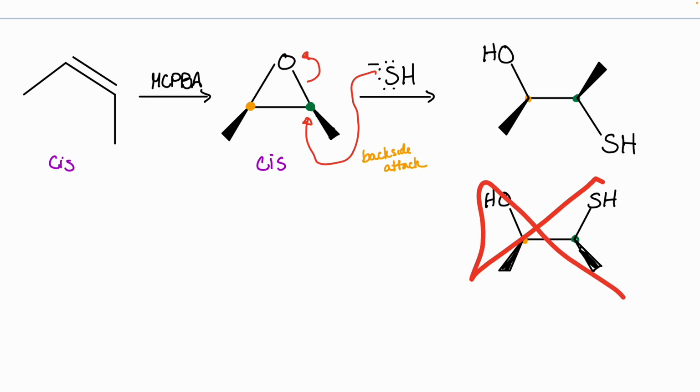You could go in there and assign RS stereochemistry and convince yourselves that these are two different molecules, and importantly, the one on the bottom is not what's produced in this reaction.